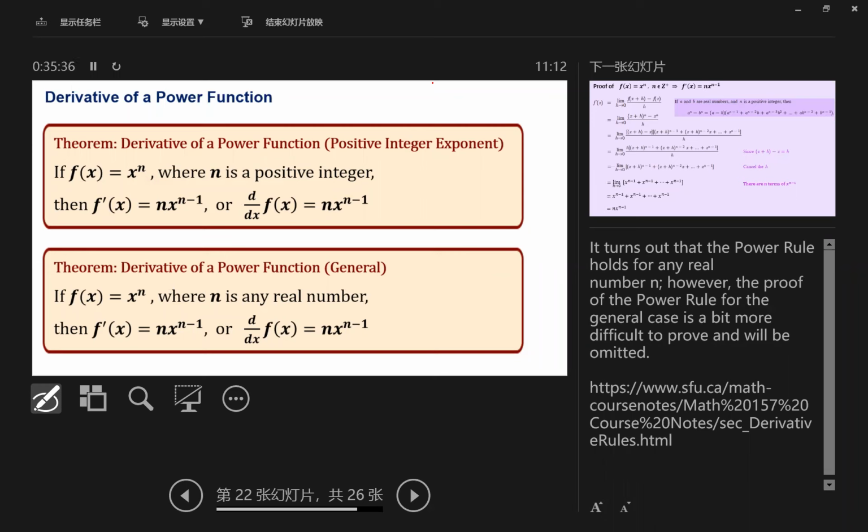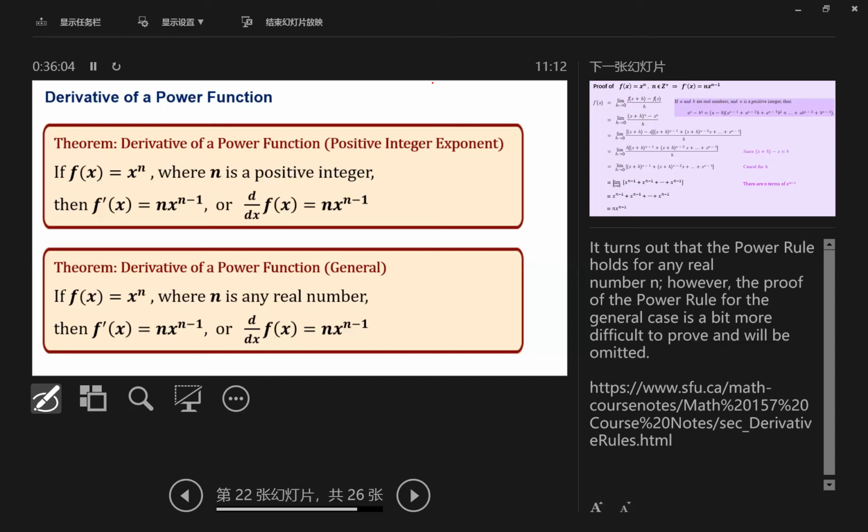Actually, this theorem can be extended to more general cases where n is not only a positive integer, but can be any real number. Therefore, we have the second theorem. If f(x) is a power function, x to the power of n, where n is any real number, this theorem also holds true.